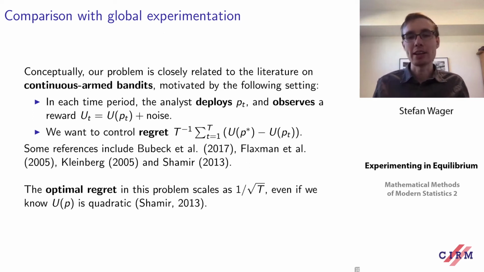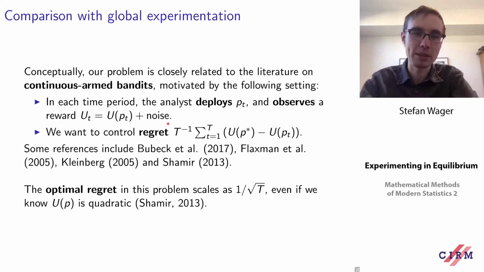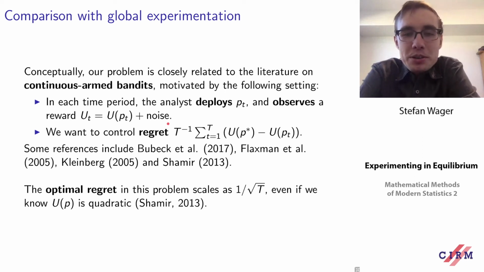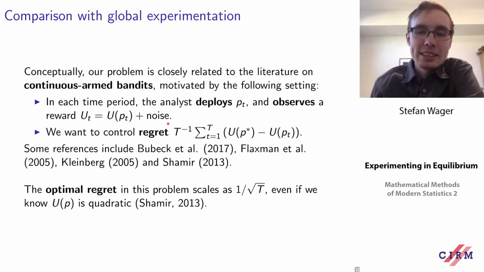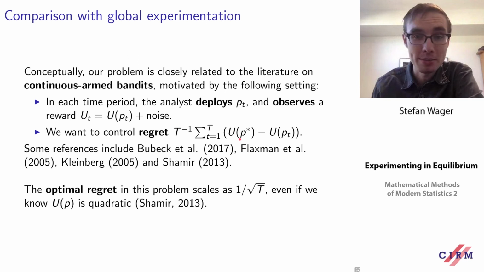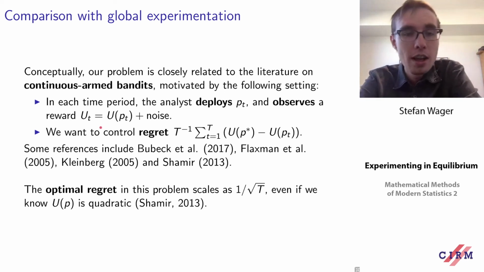Actually, this noise has a lot of structure, but one can simplify the problem and just say the noise has the same distribution every day. That would only make the problem easier. Now in this setting, suppose you wanted to control regret, that is, the cumulative utility shortfall from deploying P_T as opposed to P star, the maximizer of this U function.